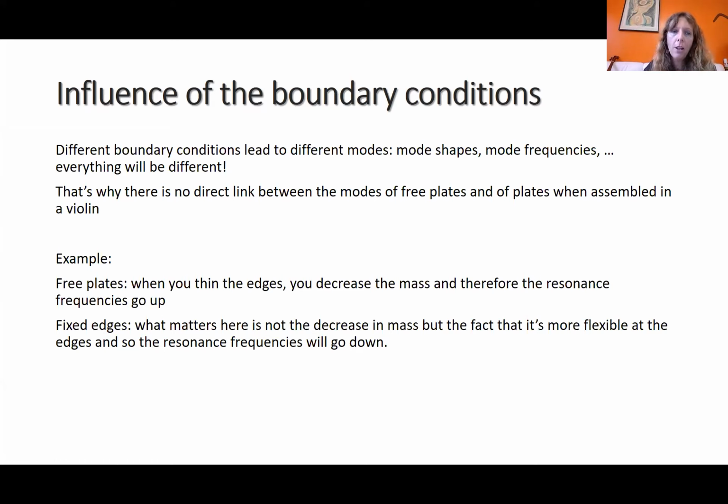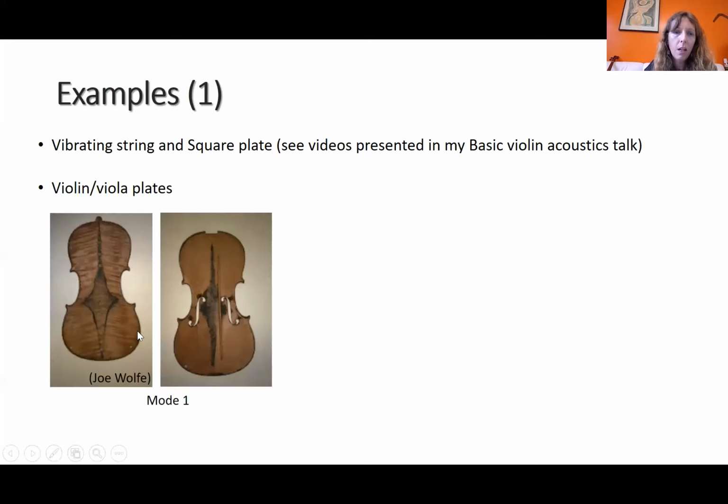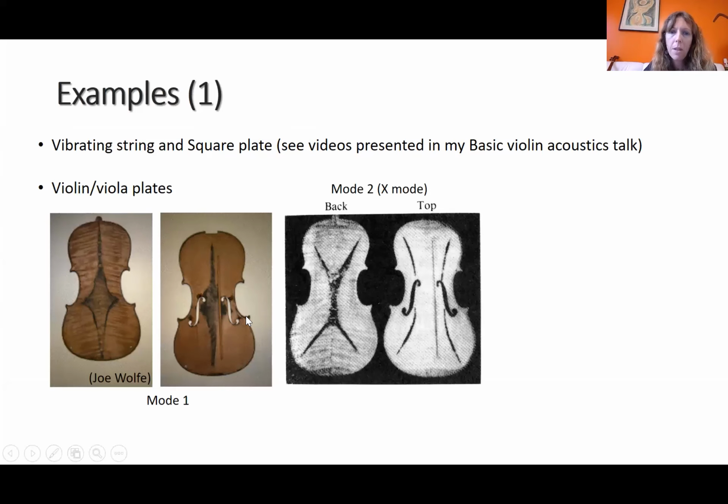I showed you some videos yesterday about vibrating strings and square plates. I'm talking about some violin and viola plates here. So here, that's a viola. You have mode 1 for the back and the top. Here, you have all seen this. You have the mode 2 X mode for back and top for violin, and mode 5 for back and top.